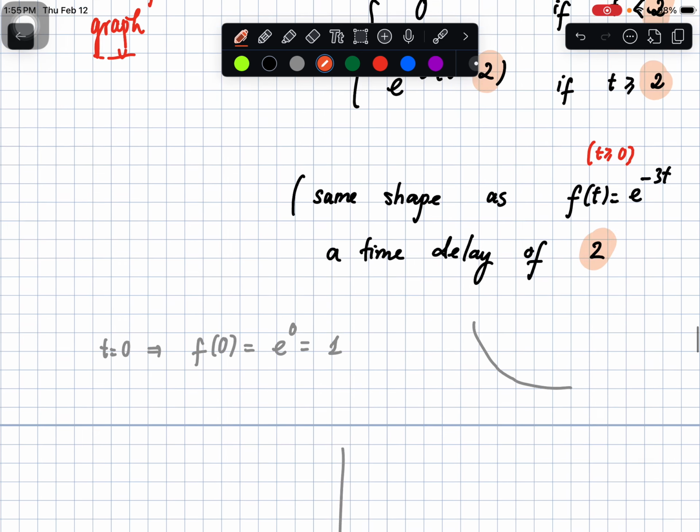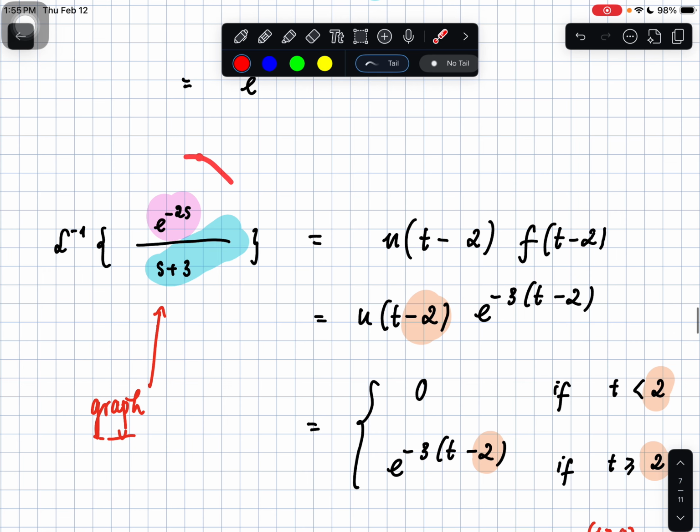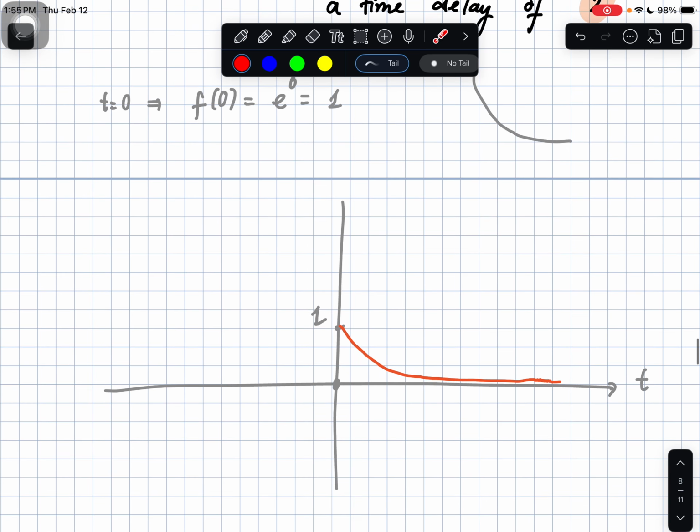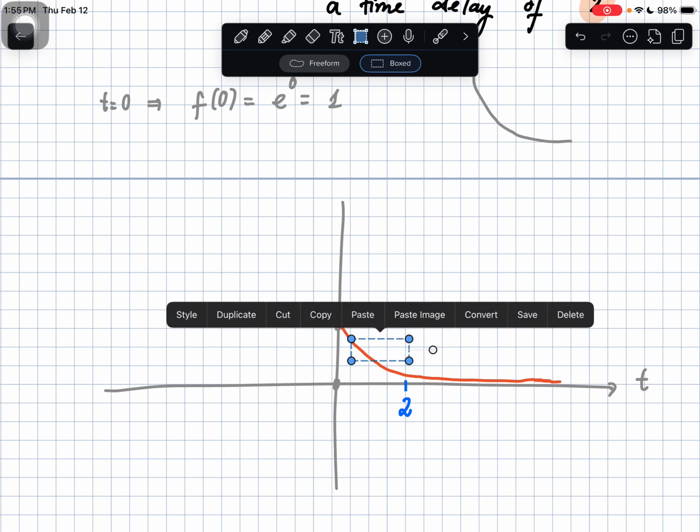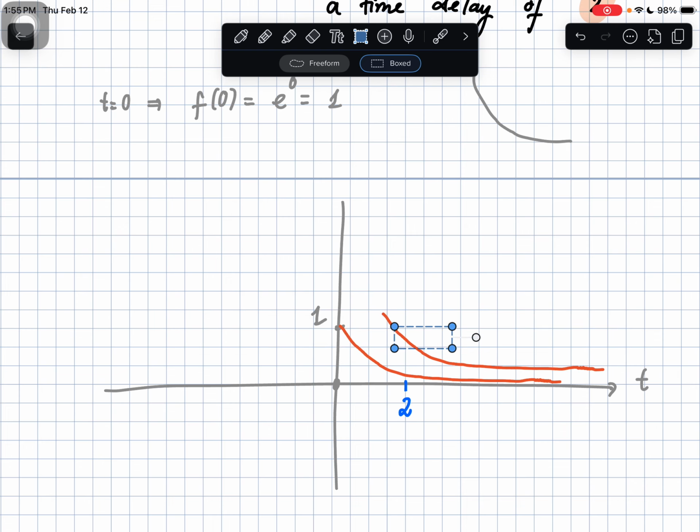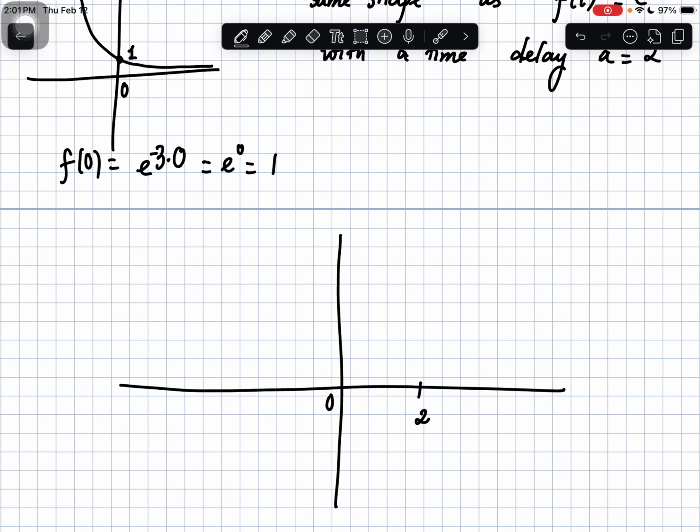But now for the function we need to graph, it has the same shape as this one, but starts at time t equal to 2, so it's delayed. We just shift this graph, but instead of starting from t equals 0, we start from t equals 2. T equals 2 here, 1 here.